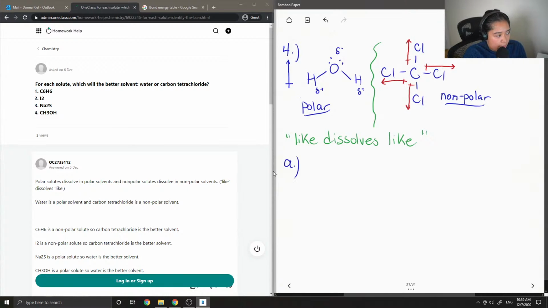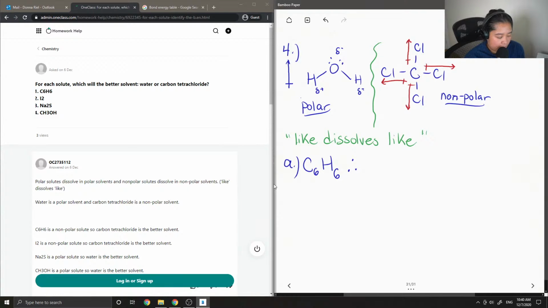So let's start off with C6H6. Oh, sorry. I think it should be C2H6. Well, either way, this is just a simple hydrocarbon, only containing carbon and hydrogen bonds, and the electronegativities between carbon and hydrogen are pretty similar, so the difference isn't that noticeable.